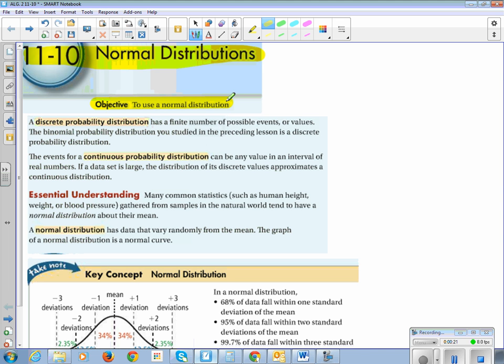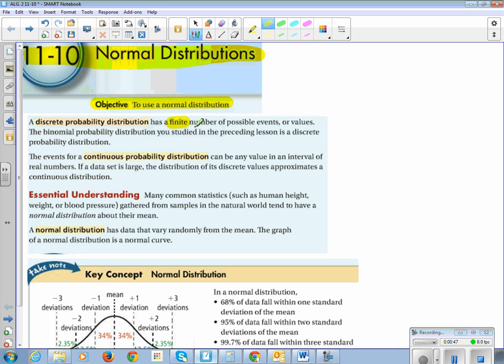A discrete probability distribution has a finite, so means it has an ending, number of possible events or values. The binomial probability distribution you studied before is a discrete probability distribution. The events for a continuous probability distribution can be any value in an interval of real numbers.